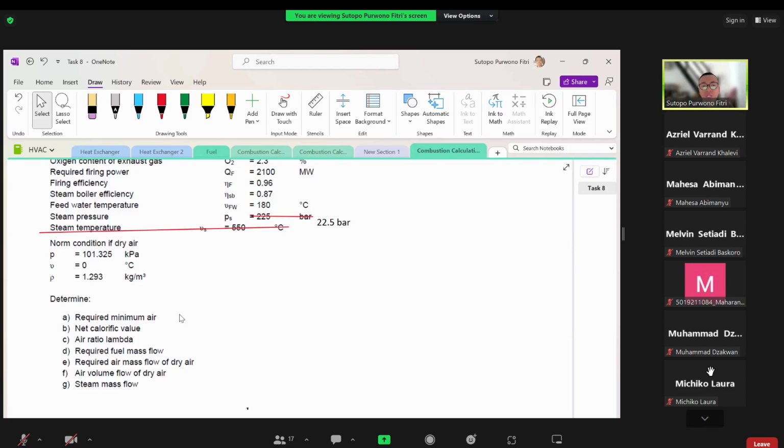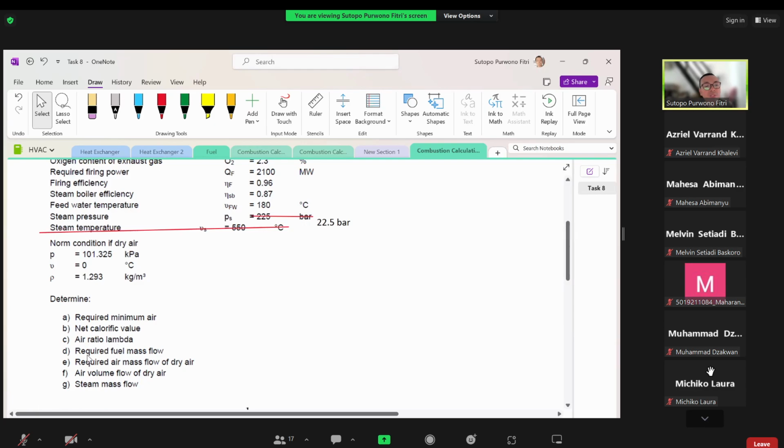Probably you will have NOx, because NOx can be produced at a very high temperature of combustion and can be reduced by the lack of air. So the excess air ratio is in a certain range of value. You can check again in the last module about the combustion calculation.